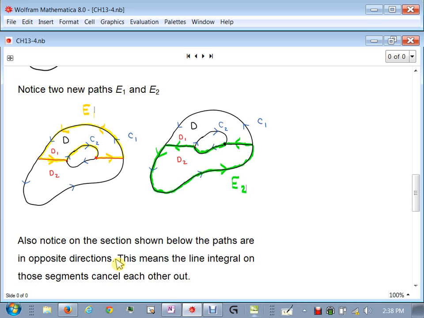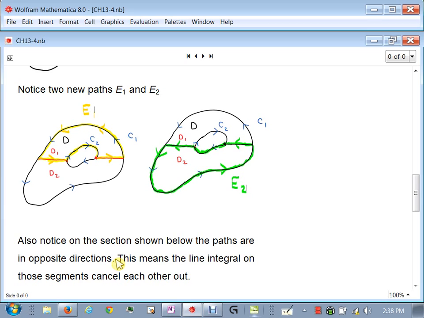C1 would be Green's theorem, no problem. But E2, we go this way, right? Don't we? E2, we go this way. It's not a question. It's a does.